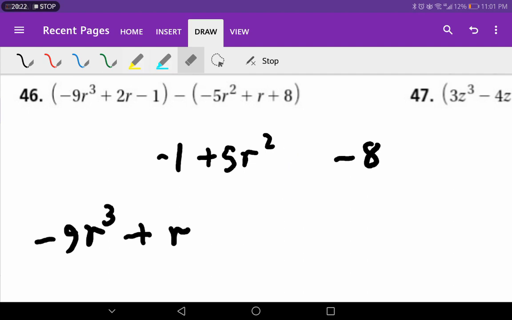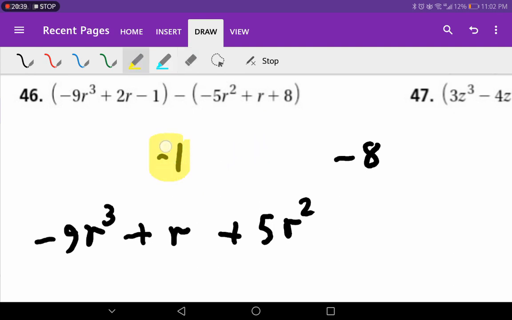Okay, my dear student, this one has no brother or no like terms, so plus 5r square or power 2. So we are done with this. I have -1, then 1 and 8, so it is -9.